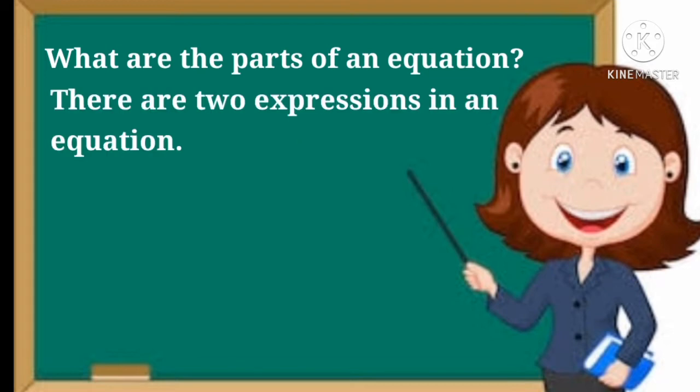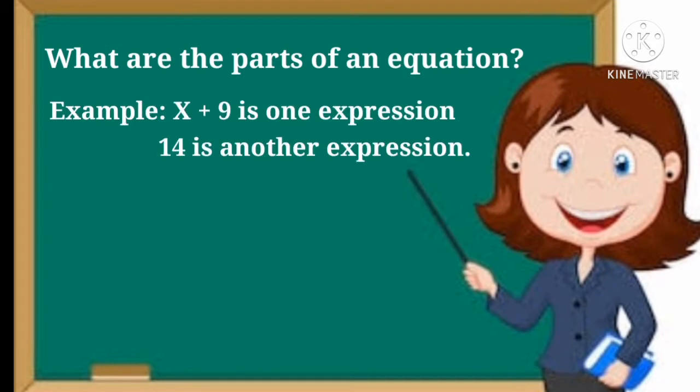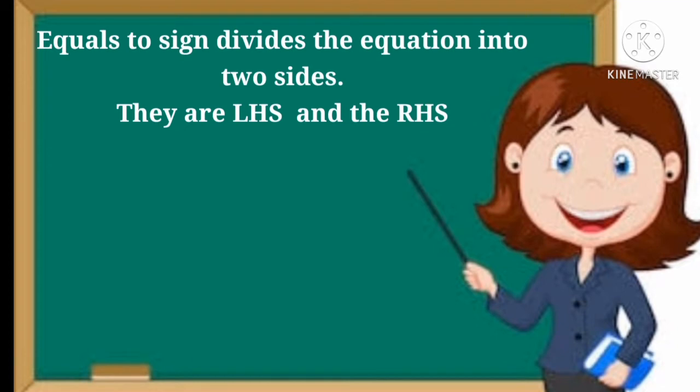There are two expressions in an equation. Example, x plus 9 is one expression, 14 is another expression. Equals to sign divides the equation into two sides. They are left hand side and right hand side.